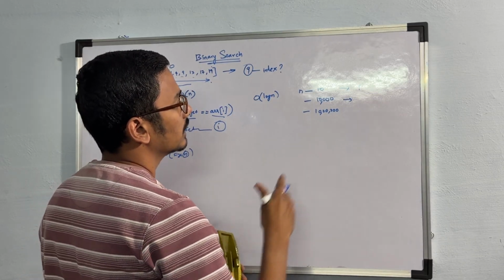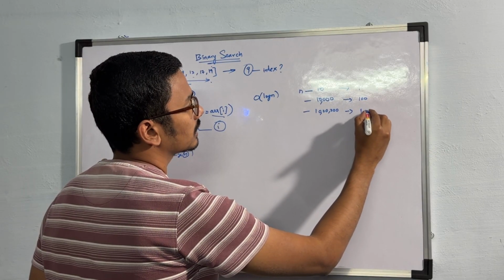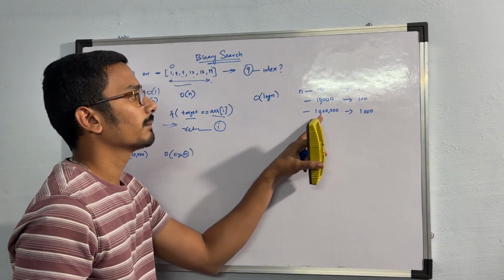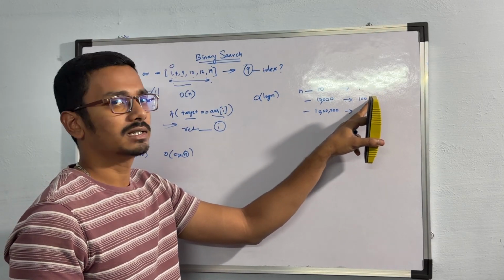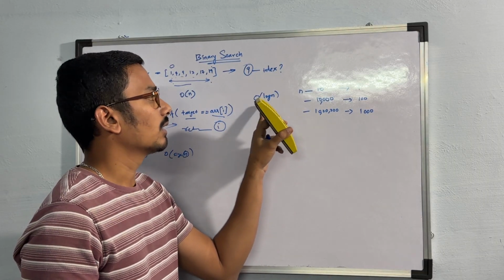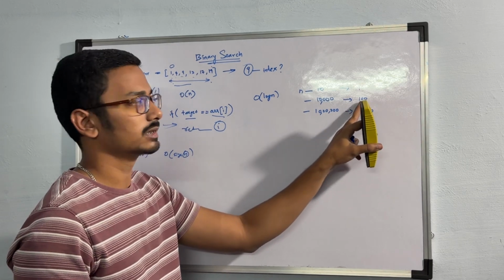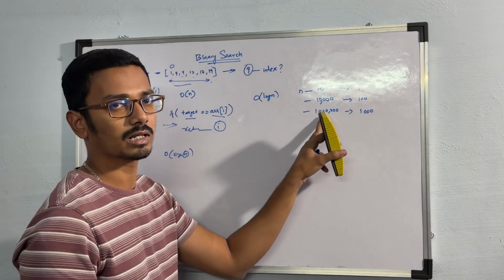Log n means 100 here, and log n means 1000 here. Whenever the number n keeps on increasing, log n does not rise that much compared to n, because log n is a mathematical function which gives the result 100 for 10,000 and 1000 for 10 lakhs.